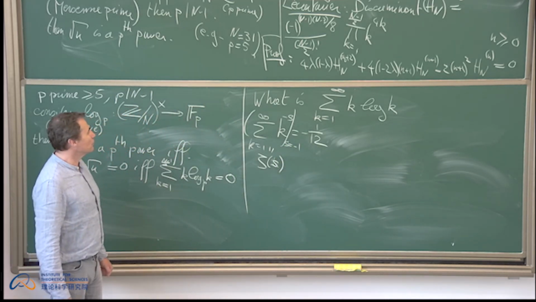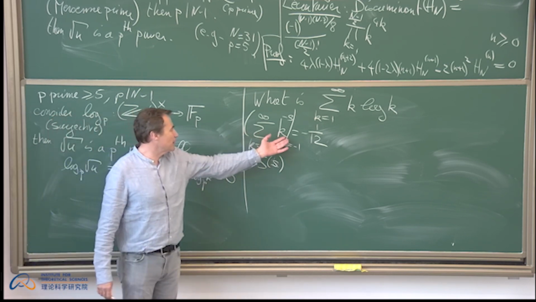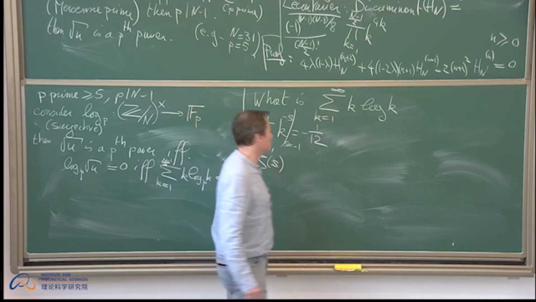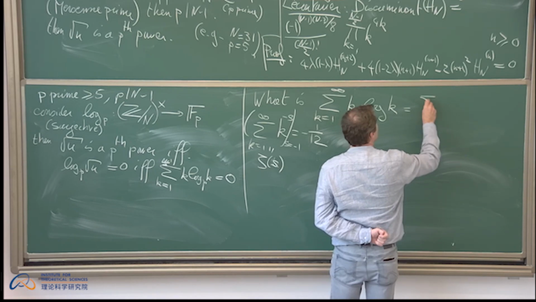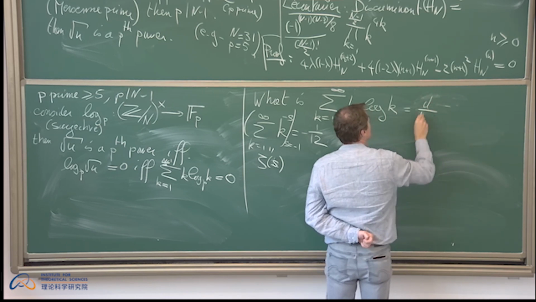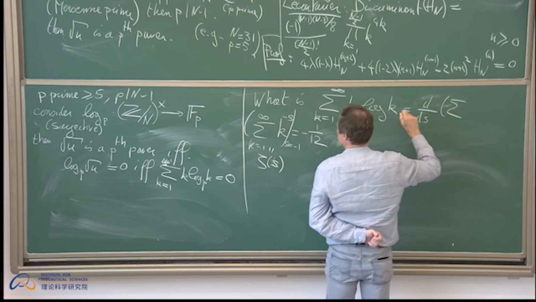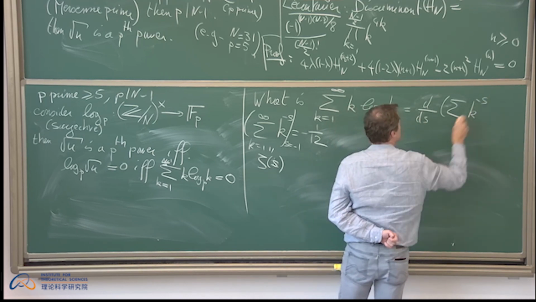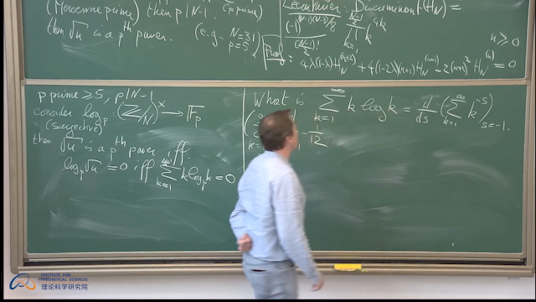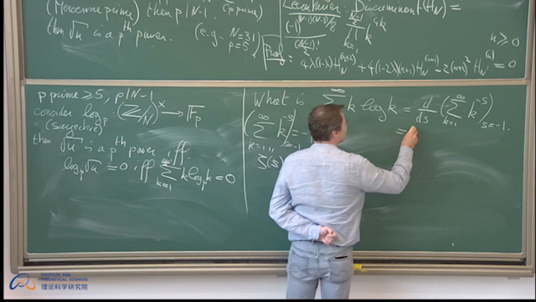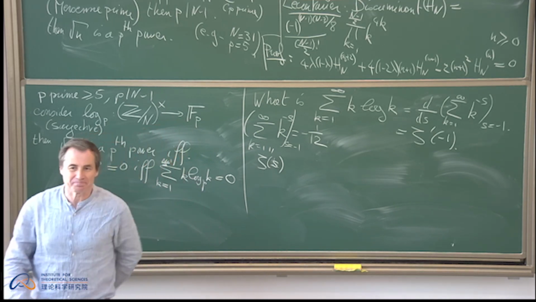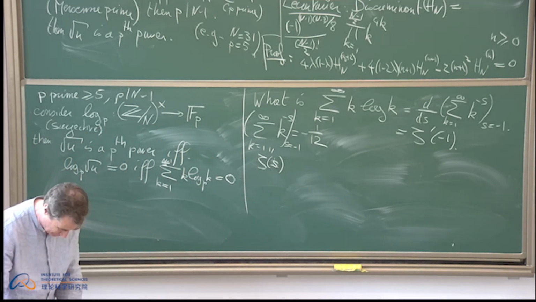So, okay, so if the sum of the k is the value of the zeta function, this is the value of the derivative of the zeta function at s equal minus 1. Okay, so that would be the derivative of the zeta function at s equal minus 1.